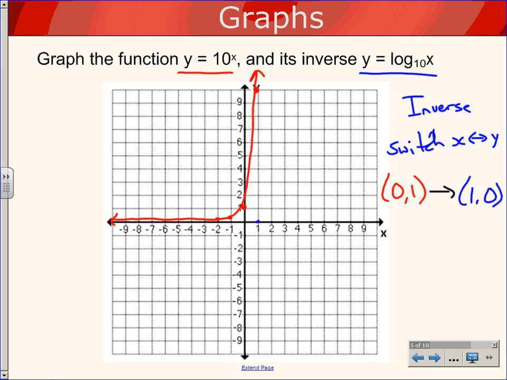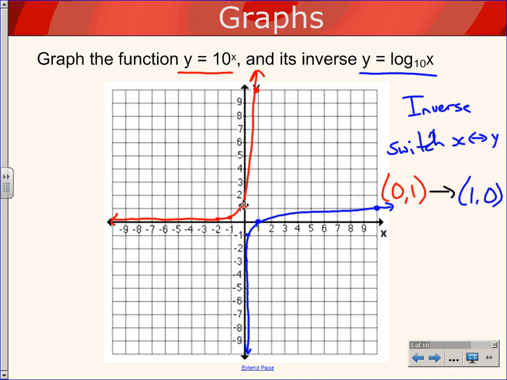So it goes here. And then that other point, 1, 10, we switch it, now it's 10, 1. The asymptote, which used to be along the negative x-axis, is now along the negative y-axis. It goes here, and here, and so on. It would look like that.